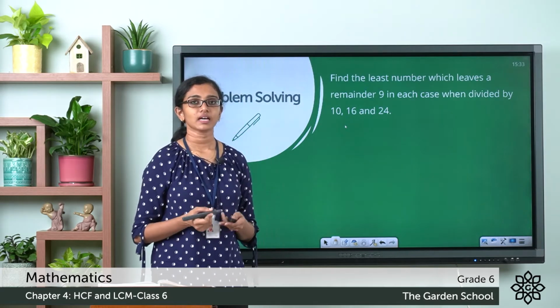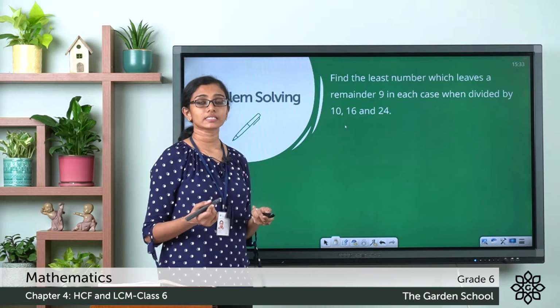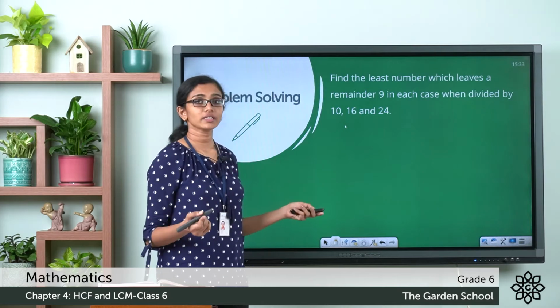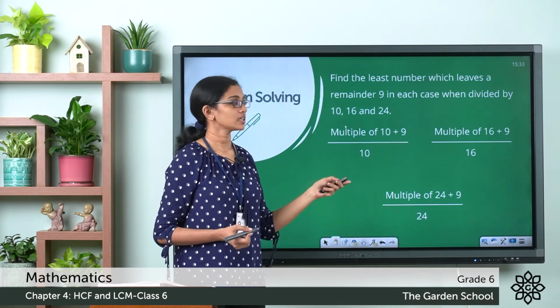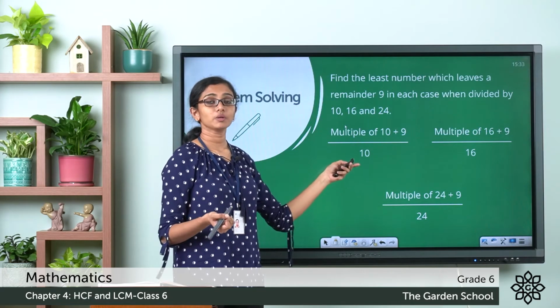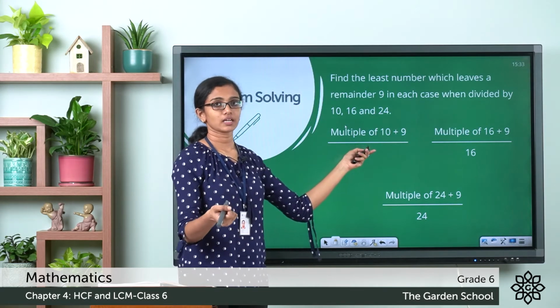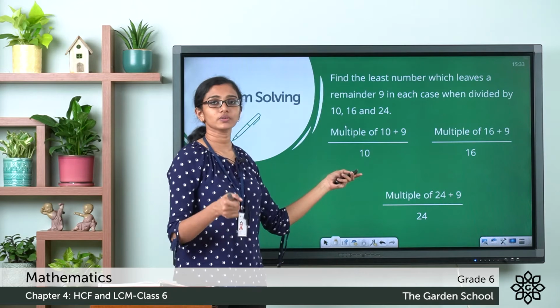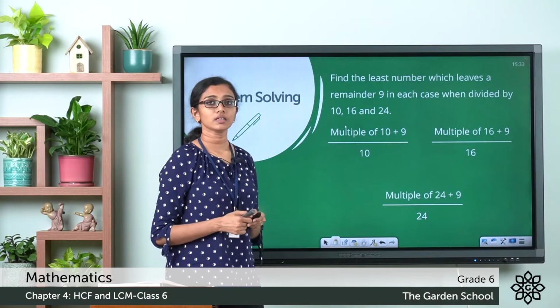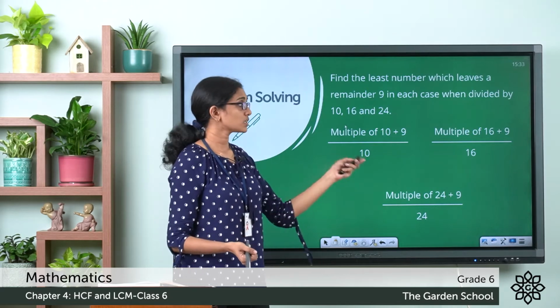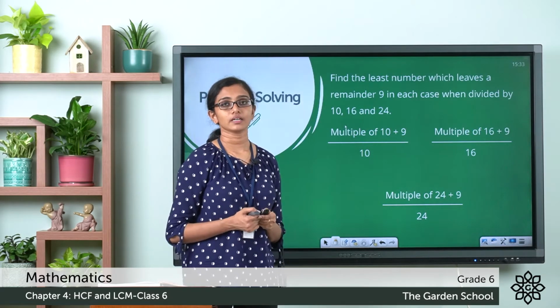So that means the required number, when it is divided by 10, you are actually dividing a multiple of 10 plus 9, right? The required number will be a multiple of 10 plus 9. Then when you divide it by 10, you get a remainder 9. The same number as mentioned in the question, when divided by 16, gives you the same remainder 9.